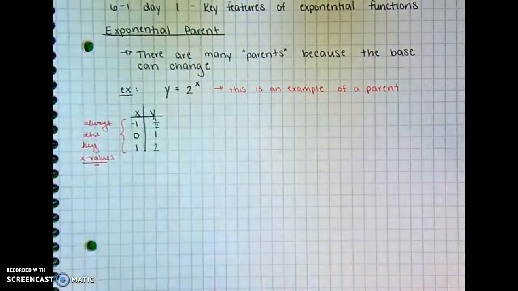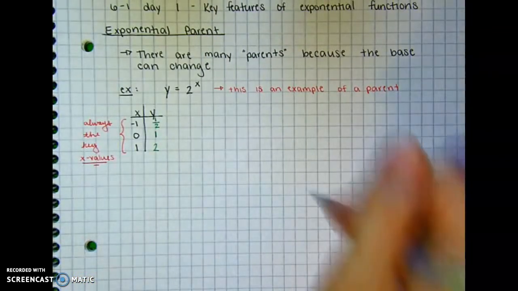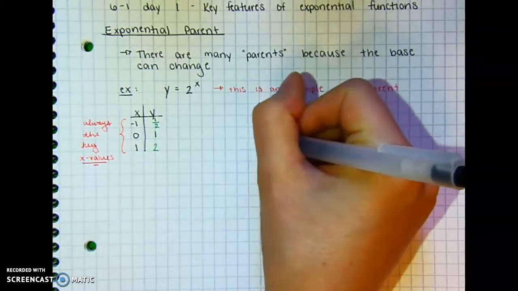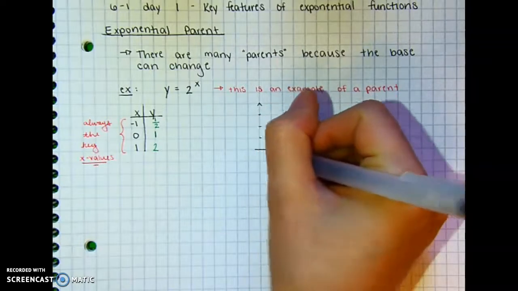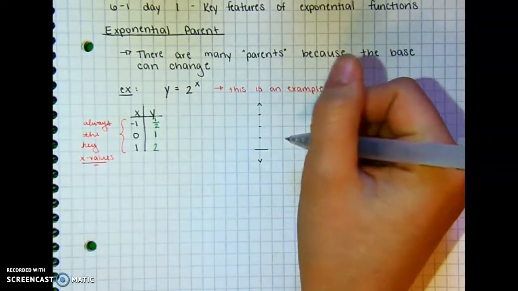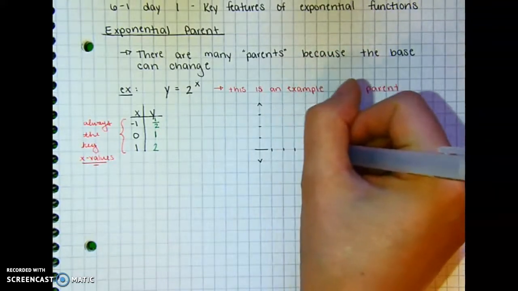Now let's make our coordinate plane to graph. I'm going to go up to 3. And then my x values, I'm going to go to 3 as well, 3 and -3 I suppose.